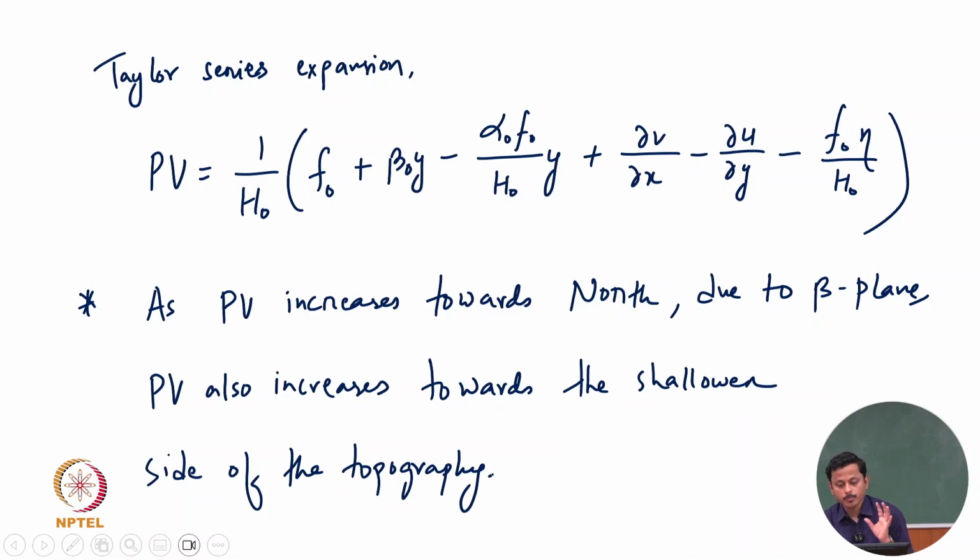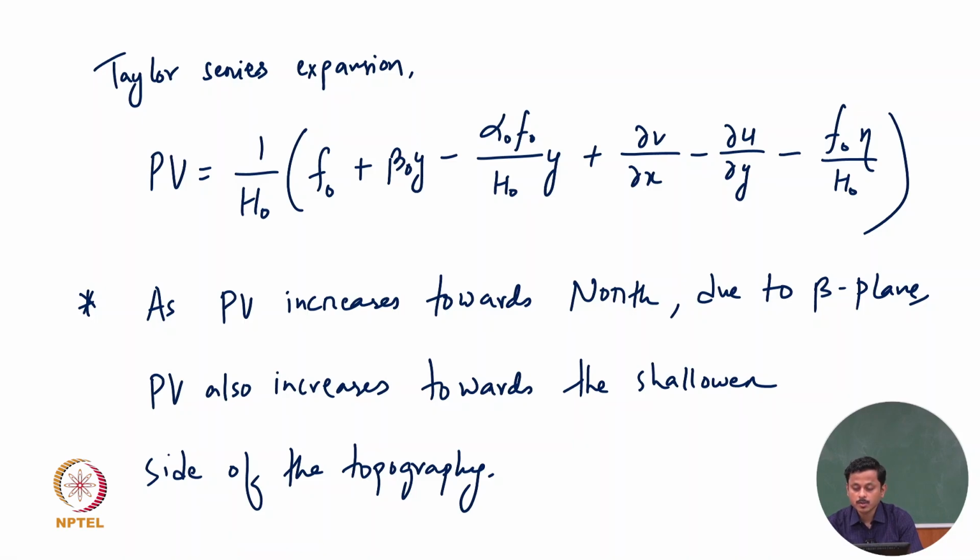So we are trying to build an analogy of the beta plane approximation to a weak topographical feature. As you can see from here, the potential vorticity increases towards north because of this term. So it increases towards the north due to the beta plane.